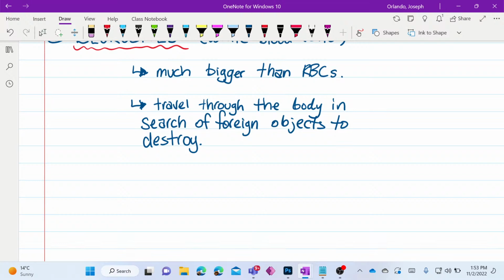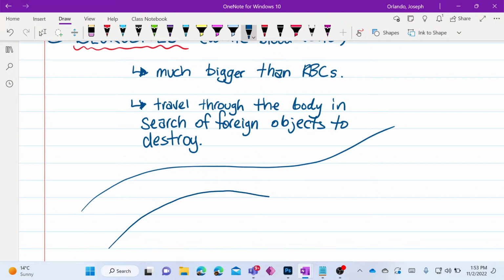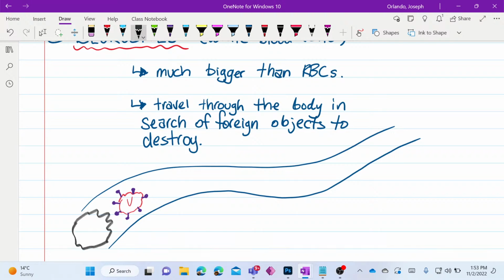All right, so if you can imagine, you've got a blood vessel here, and you have a mean old virus poking around, maybe a SARS-CoV-2 virus. Well, our white blood cells move through our blood vessel in search of that, and they will destroy it.